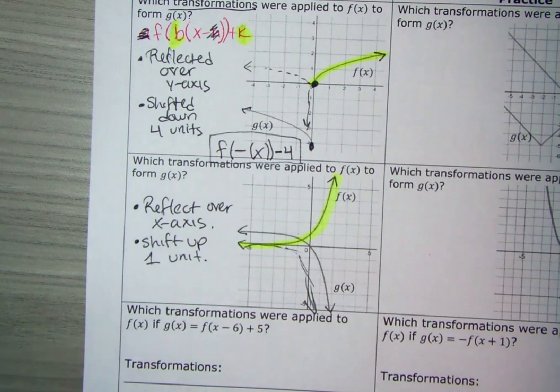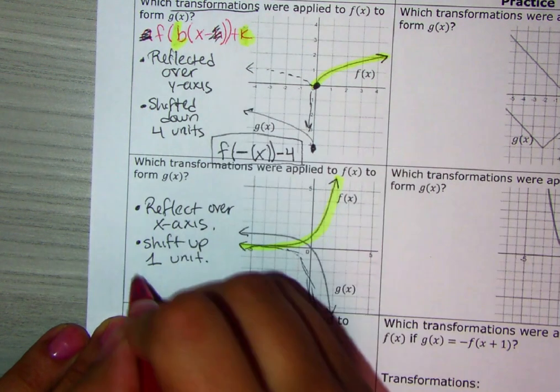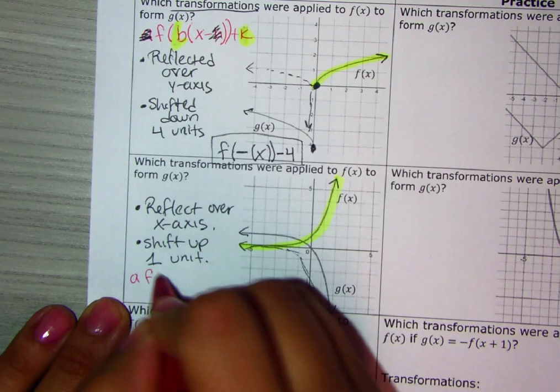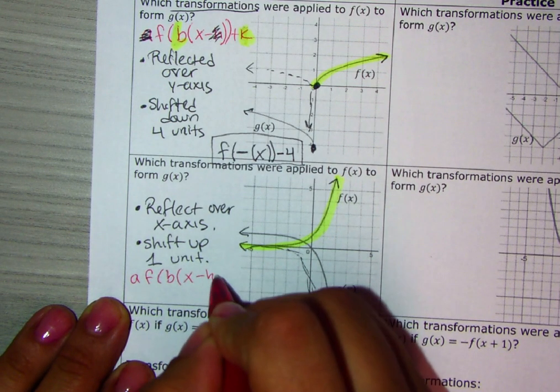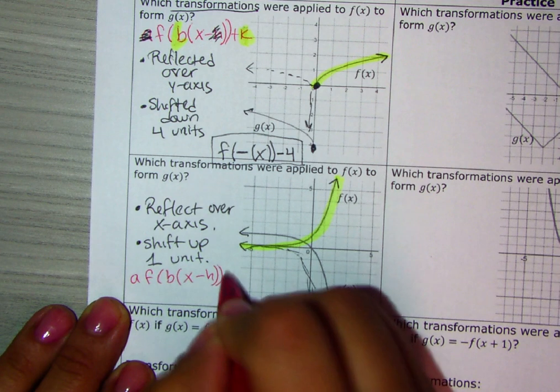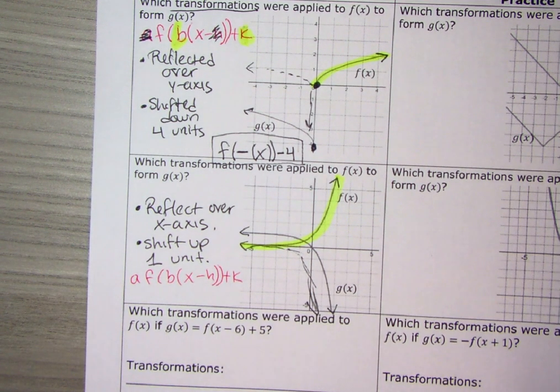So again, rewind or pause the video if you need to see how this happened. So then we start with the template of transformations. That's a f(b(x minus h)) plus k. And then now I'm going to highlight the letters that were affected by these transformations.